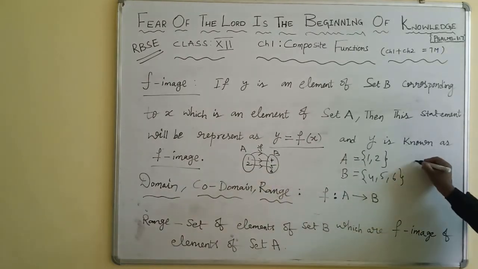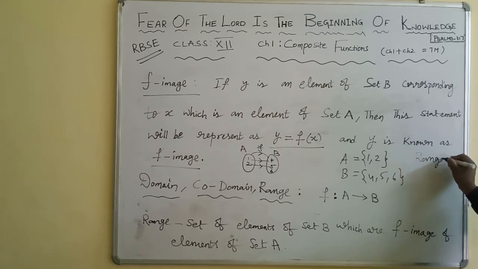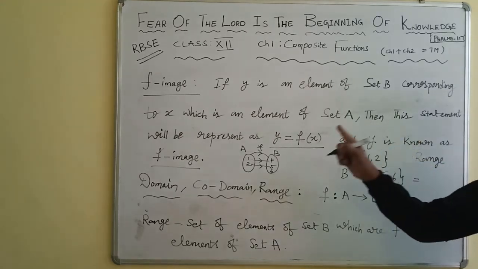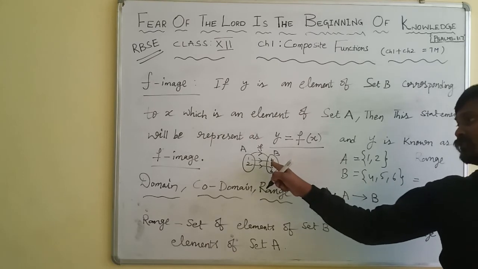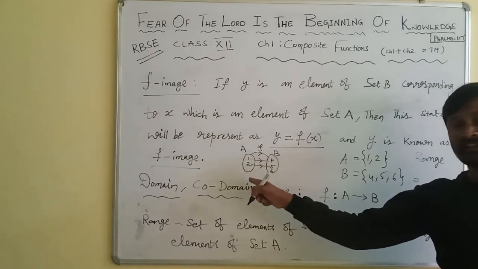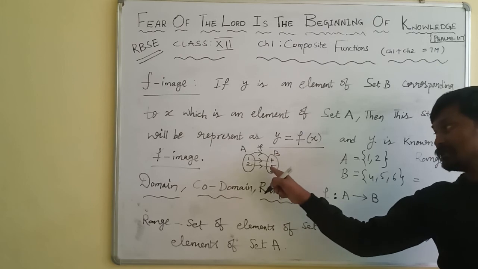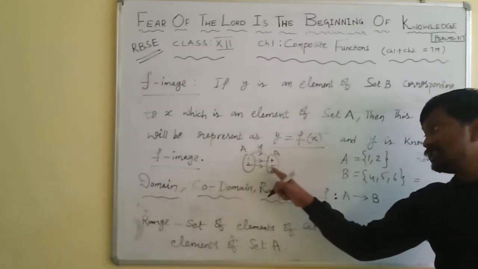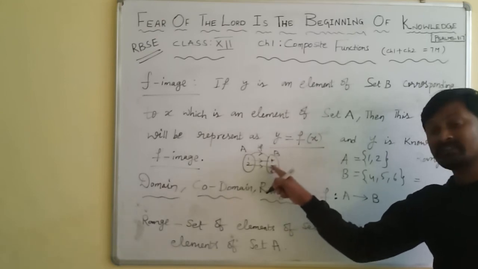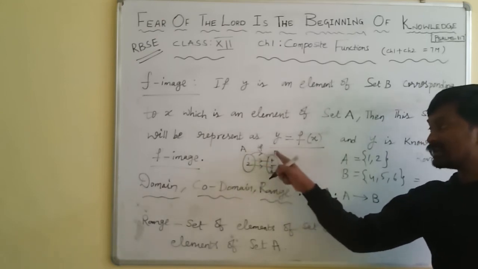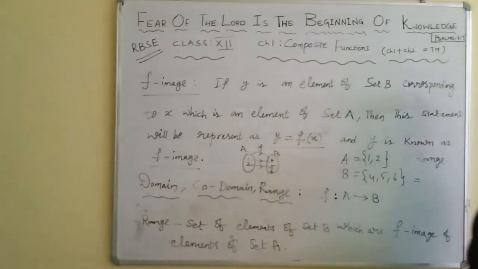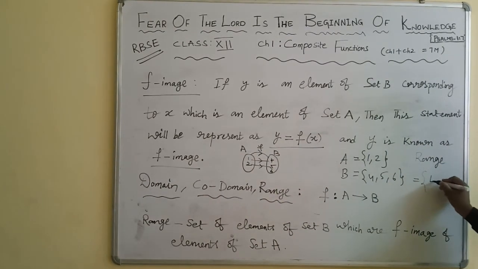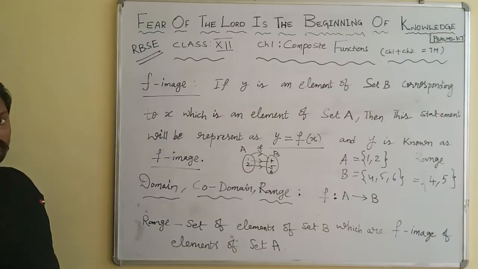And if I want the range, it must be the F images: 4 is connected with 1, 5 is connected with 2. So those elements of set B which are connected with set A are called the range, which is 4, 5. So that is about your domain, codomain, range.